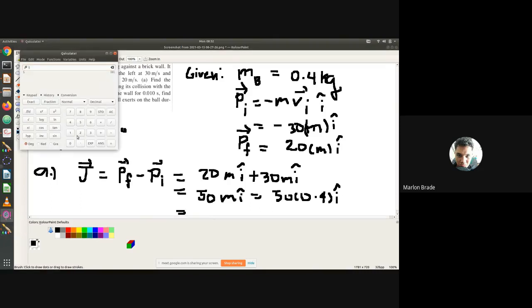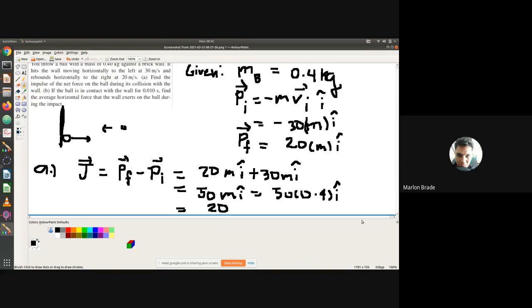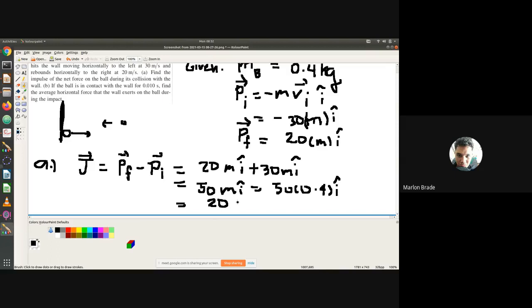So 50 times 0.40 is 20. The unit of the impulse is newton-seconds, and the direction is along i hat.